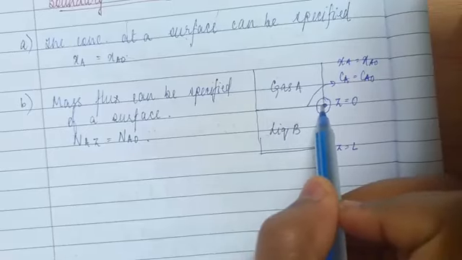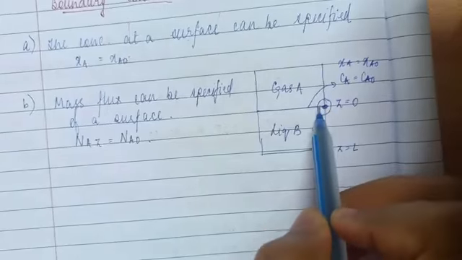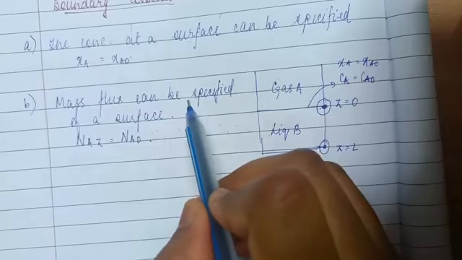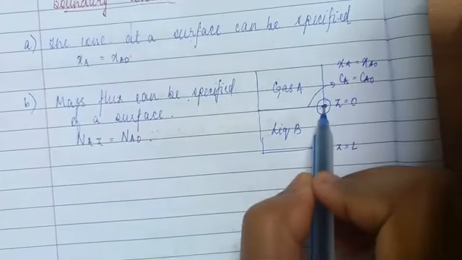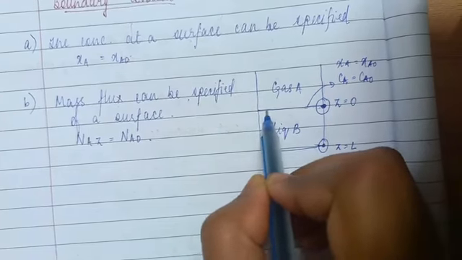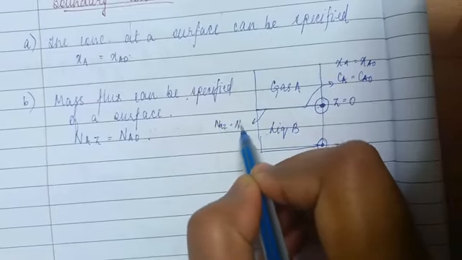As mentioned earlier, in the first boundary condition, the concentration at a surface was given. Similarly, in the second boundary condition, the mass flux of A at a surface can be specified. So here, suppose NaZ can be written as Na0.